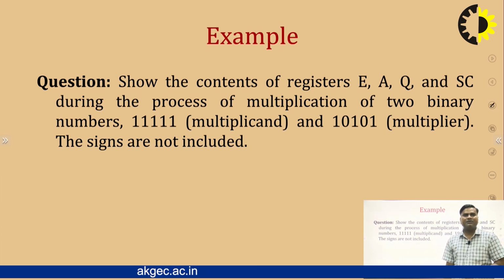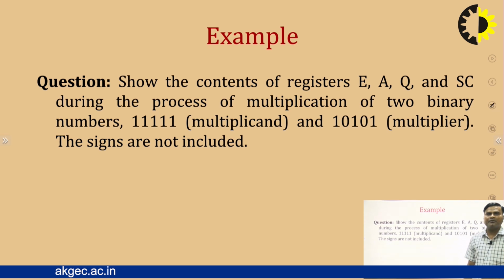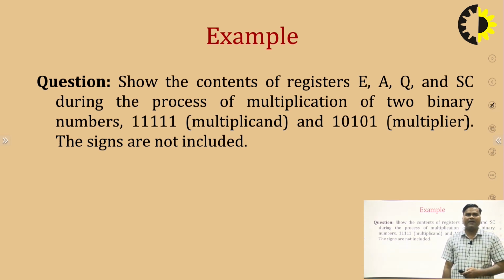The next example shows the content of registers EAQ and the sequence counter during the process of multiplication of two binary numbers, that is 11111 multiplicand and 10101 multiplier. The signs are not included.